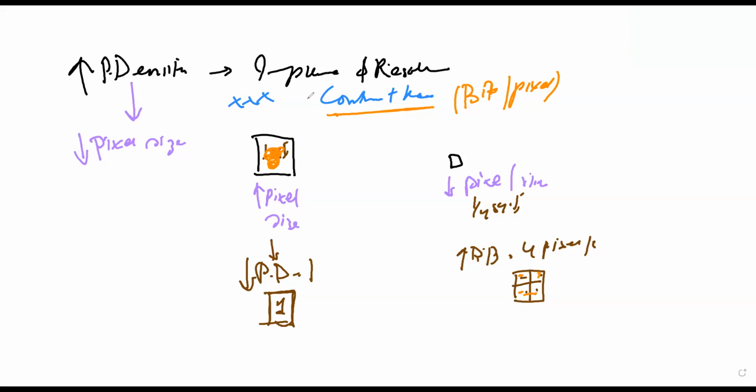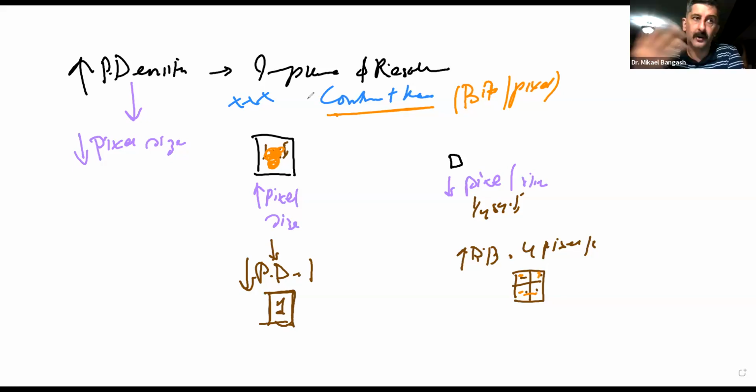Yes. Because of this, you have an increased number of grays per pixel, or varieties or shades of gray per pixel. So the greater the varieties of shades of gray per pixel, the better the contrast resolution you will have.